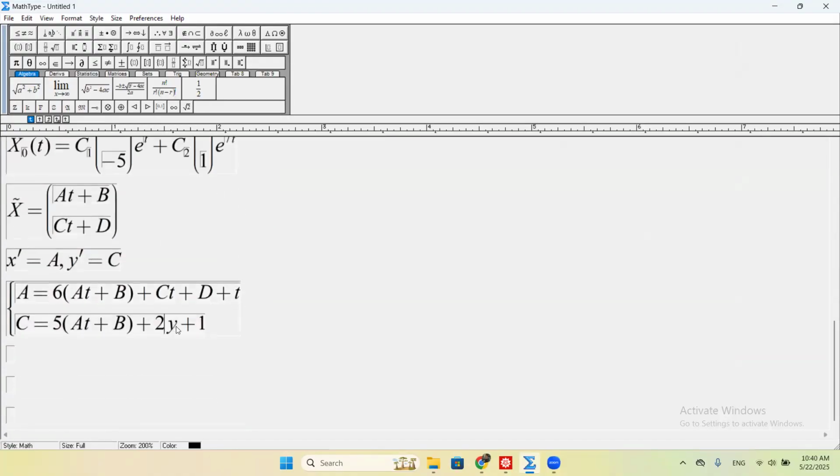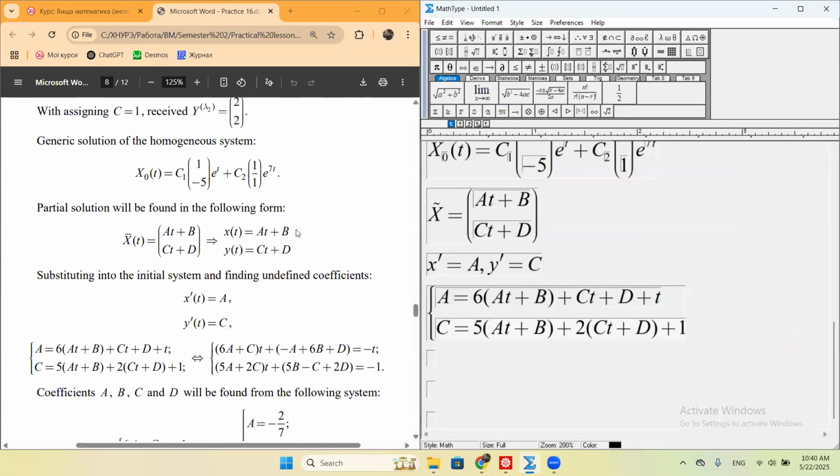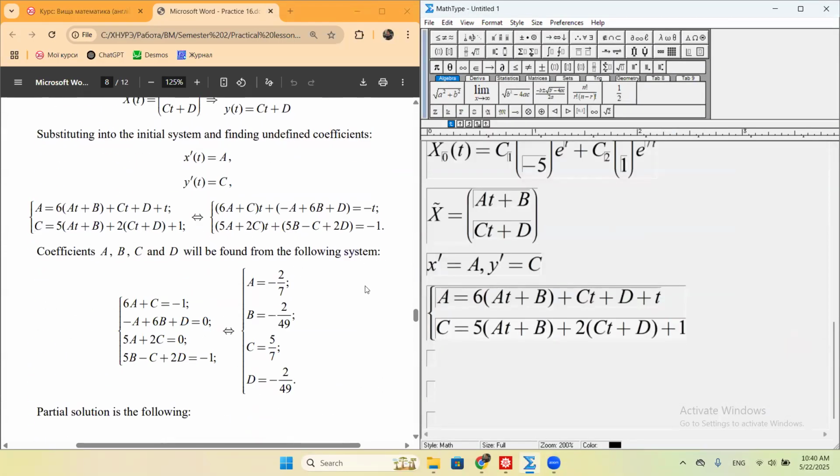And here plus 2. So this. Let's check the system if it's correct. Again, we will not spend the time for finding coefficients. So a equals 6 at plus b plus ct plus t plus d plus t. Okay, c equals 5 at plus b plus 2ct plus d plus 1.